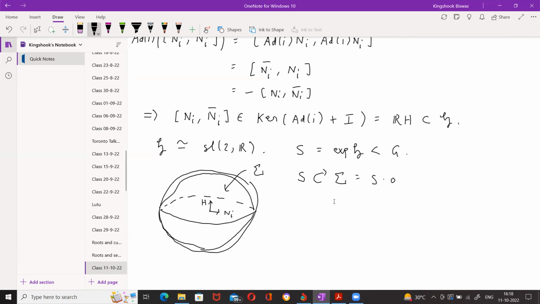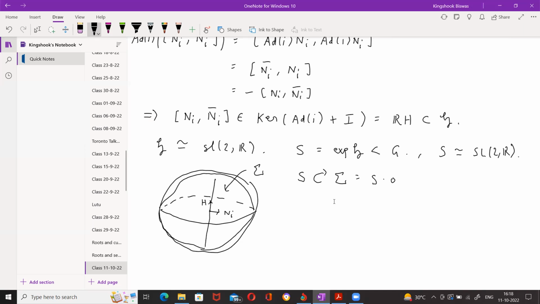So this S is isomorphic to SL2R, big SL2R. And now, how do I get geodesics? I already have one geodesic passing through here. How do I get other geodesics?